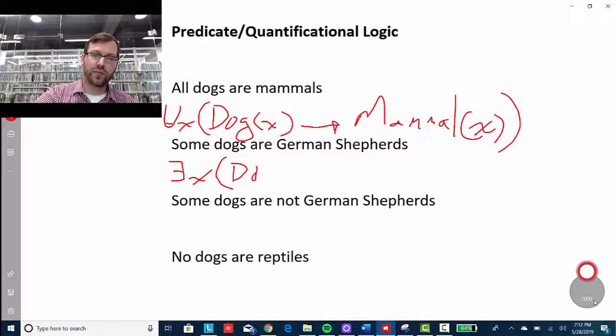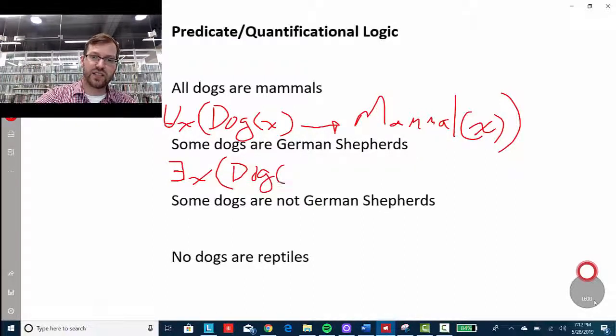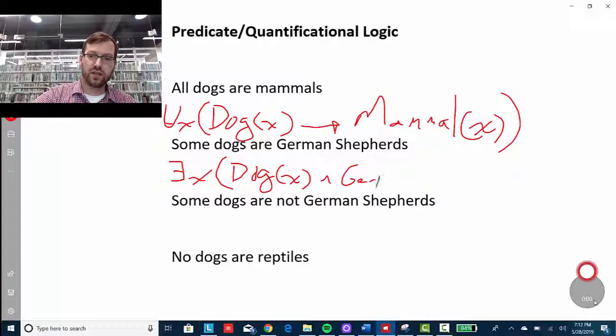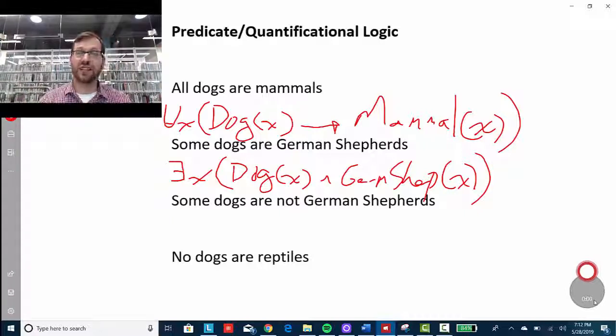One of those properties is that it's a dog. The other property is that it's a German Shepherd. Right? So there's at least one thing that's both a dog and a German Shepherd, which is just the same thing as saying some dogs are German Shepherds.